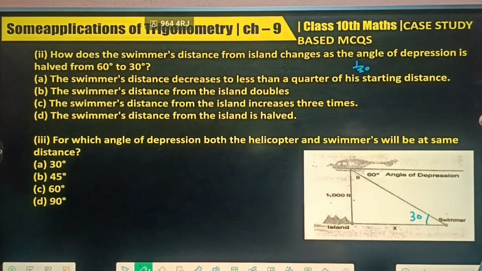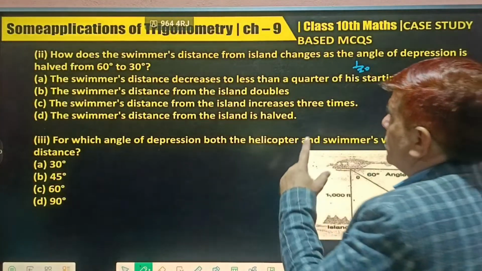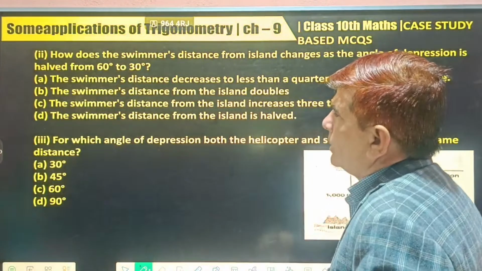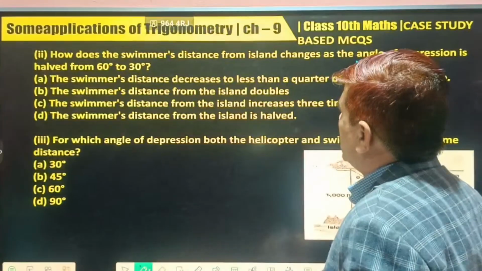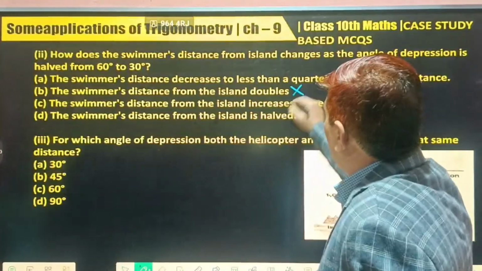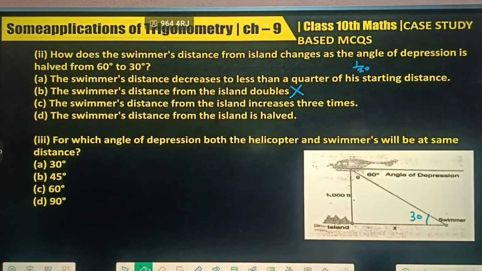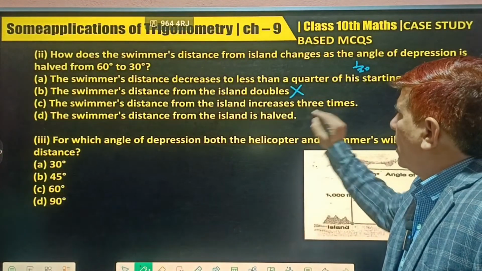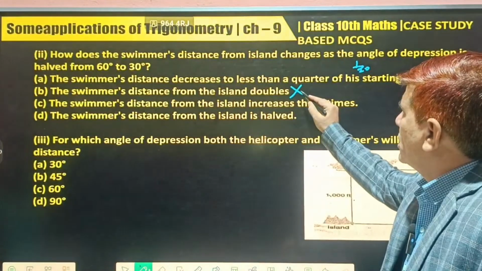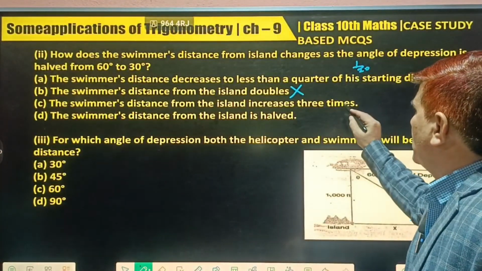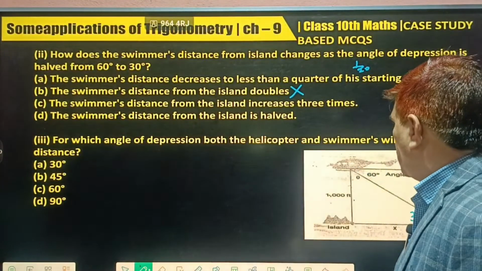The options: the swimmer's distance from the island doubles, that is 2 times. It means increasing. The swimmer's distance from the island increases 3 times. The swimmer's distance from the island becomes half. So this is not the answer. It may be possible this answer or this answer, so we will try.